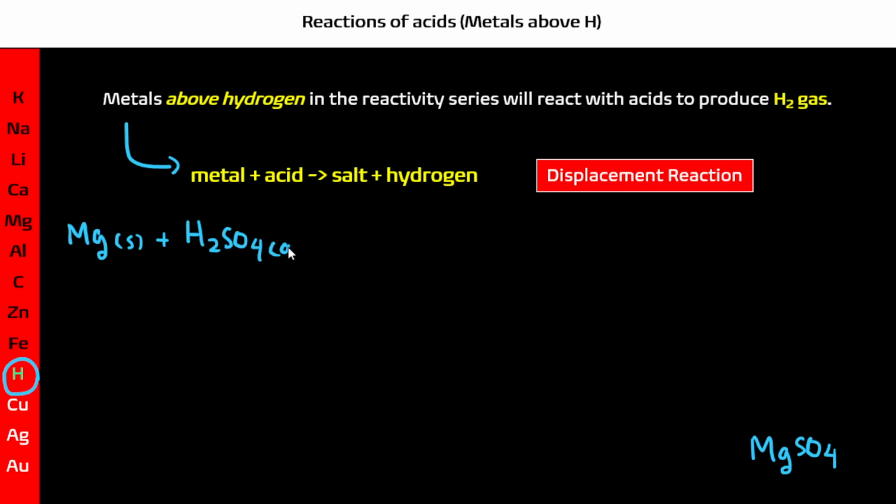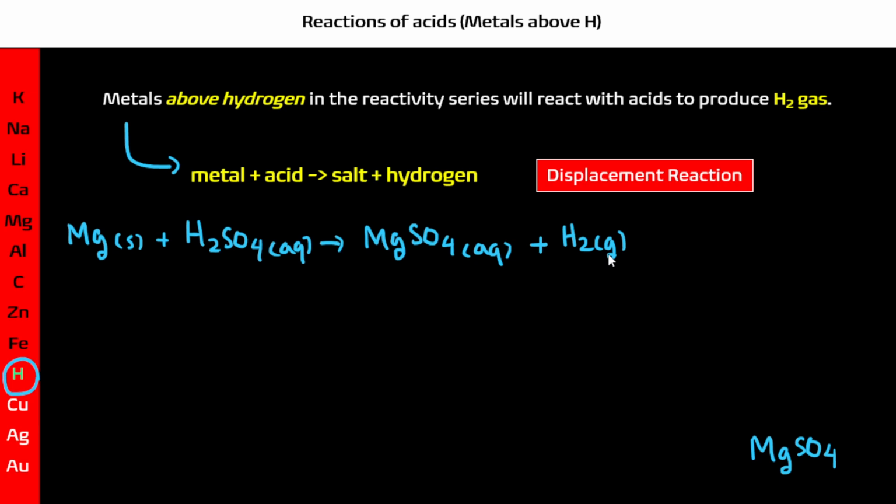Since this is an acid, it will be aqueous. It will react to give the salt, magnesium sulfate, MgSO4 aqueous, plus hydrogen gas, and hydrogen is a gas, of course. So this is simply the reaction equation for metals above hydrogen in the reactivity series.